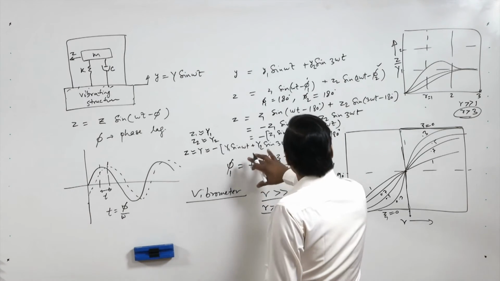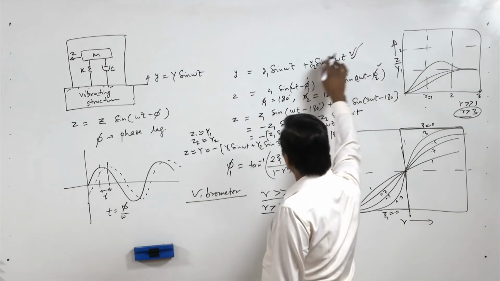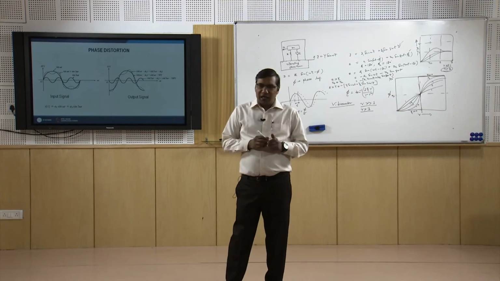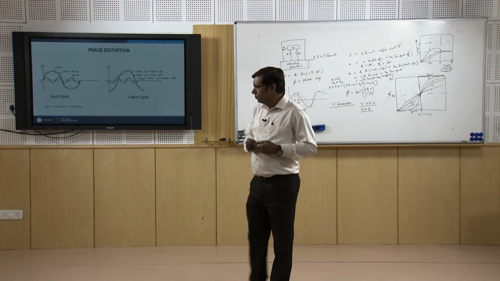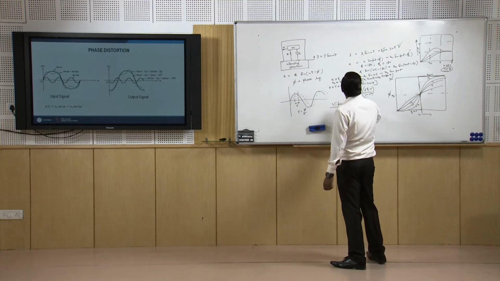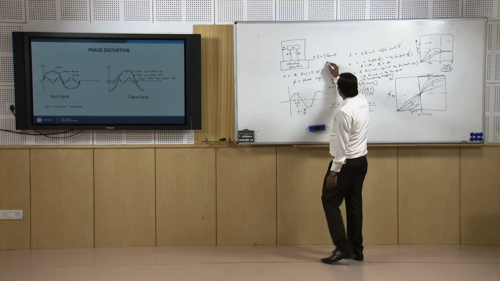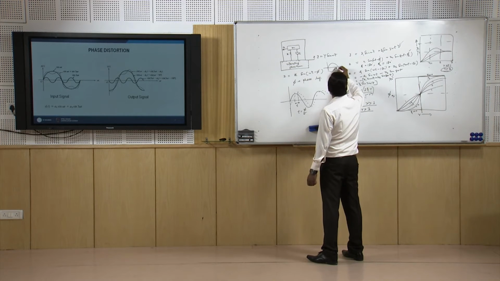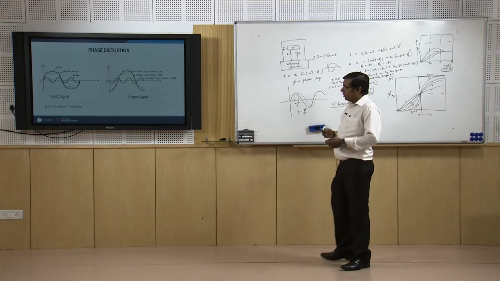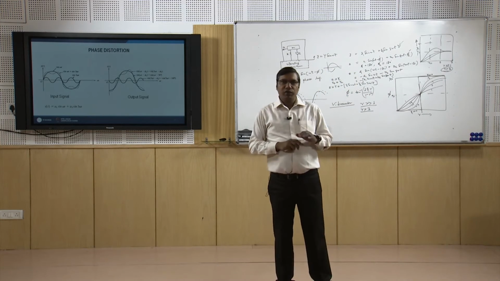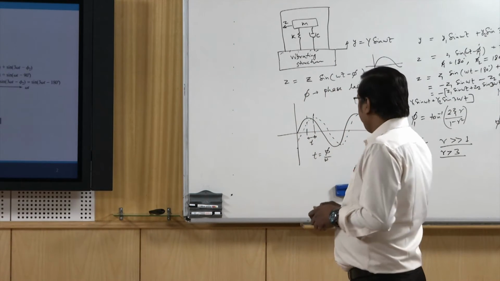So we are getting the same response as the vibration of the structure, only there is a minus sign. It means if one response is starting like this, the other one will start like this, and we can easily change the direction of this waveform, and so we can get the correct one.